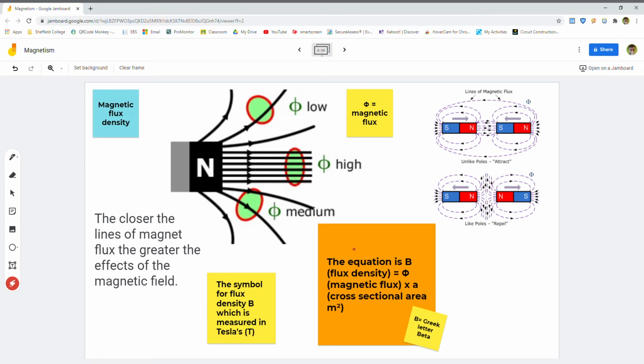Here we've got the equation for calculating magnetic flux density. The equation is B equals phi times A. So B, our magnetic flux density, measured in Teslas, is equal to the magnetic flux times the area in meters squared.